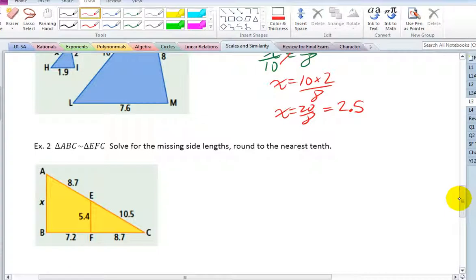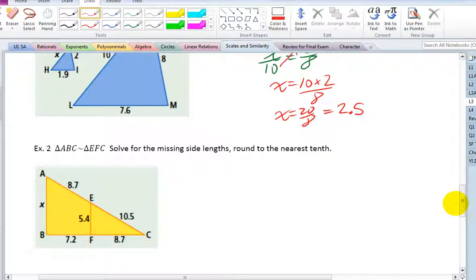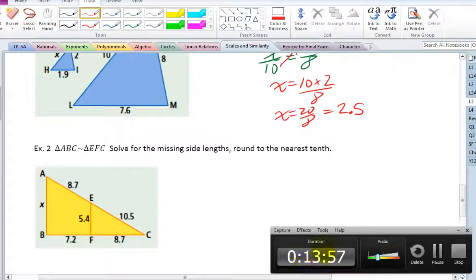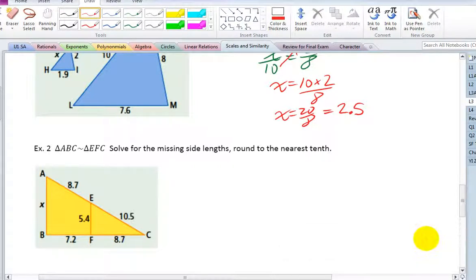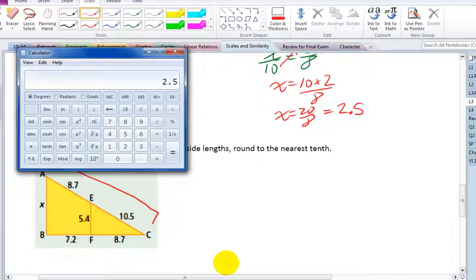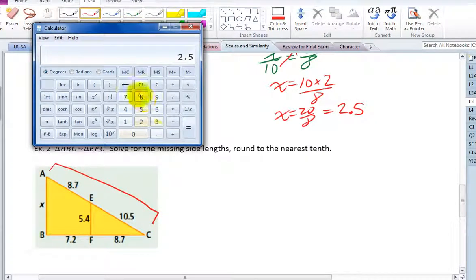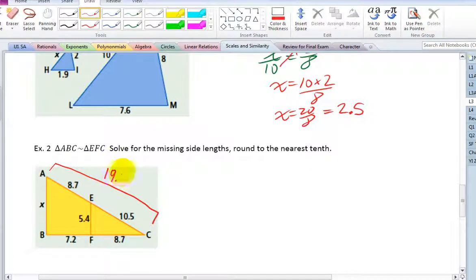Please draw this diagram. Take your time to draw it right, putting the numbers in the correct spot. Okay, the trick is, what's this side length AC? That's right. You've got to add them together first. So you got to make sure that you get the proper lengths, because we're going to make you add and subtract and do a little bit of thinking rather than just barf on your page. So that's kind of gross.